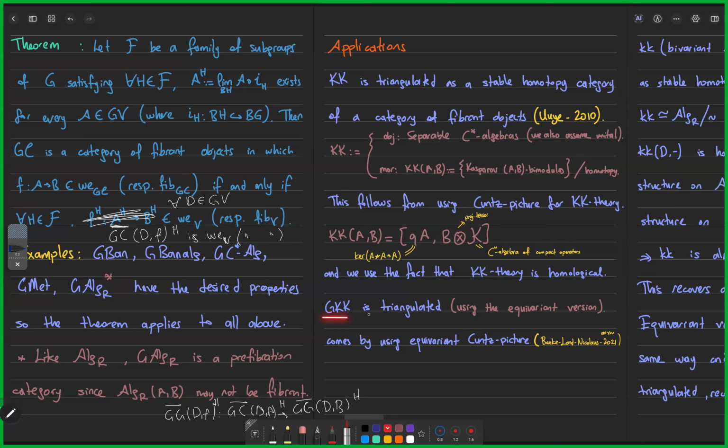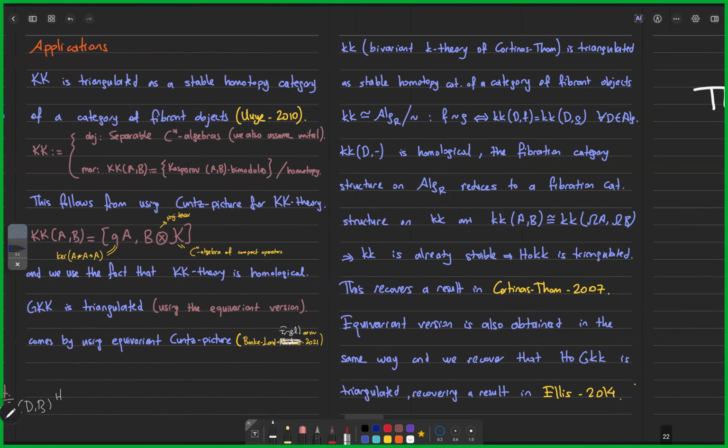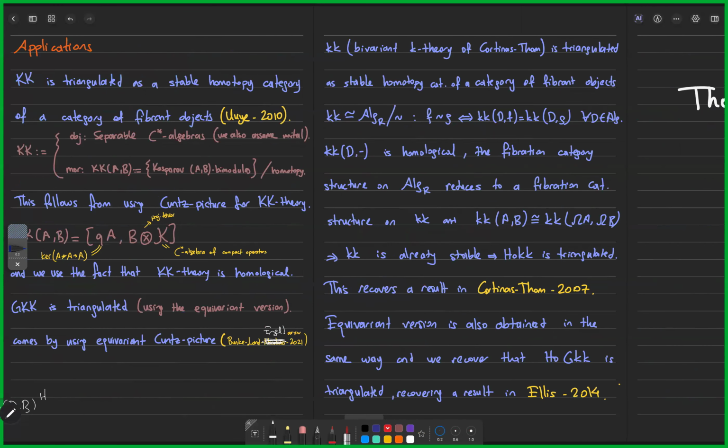And the equivariant version is given by a preprint by Bunke, Engel, and Land. I will give it in the references.